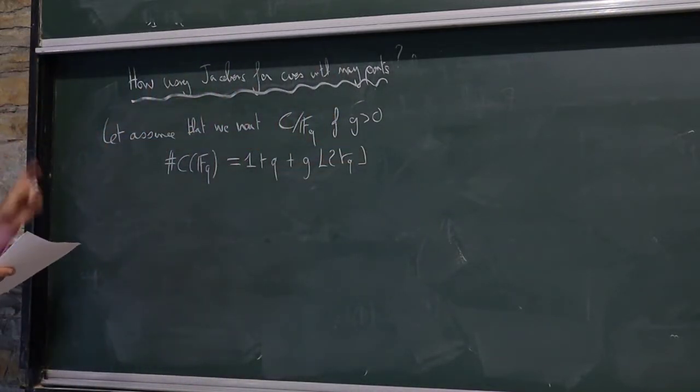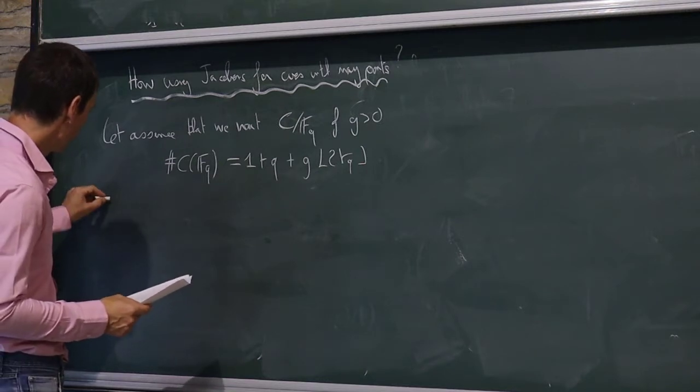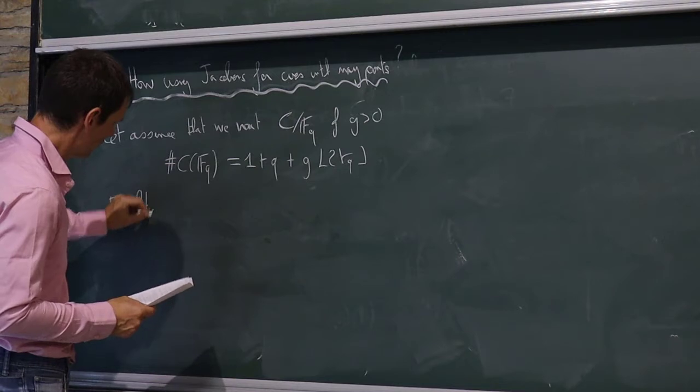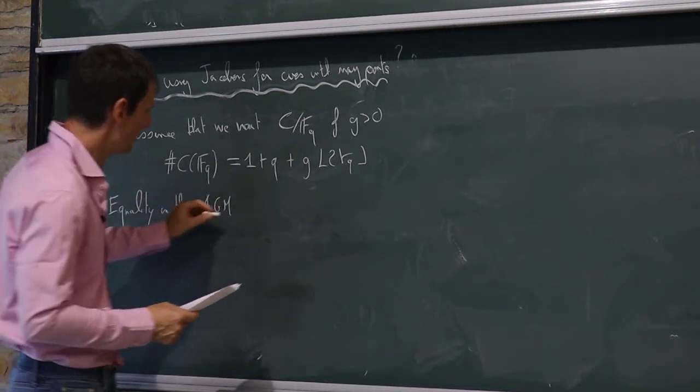If you remember what we just said in the previous lecture, in order to have this, there must happen something. There must be equality in the arithmetic geometric mean inequality.